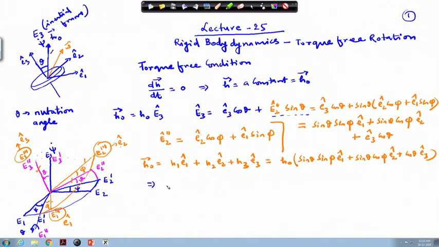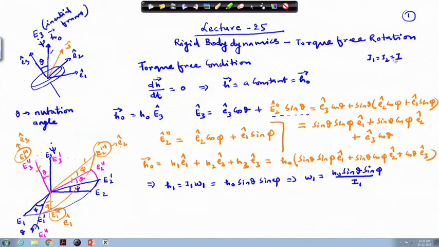Therefore, from here what we get is H 1 equal to I 1 times omega 1, this quantity is H 0 times sin theta sin phi, and this implies omega 1 equal to H 0 sin theta sin phi divided by I 1, where we have written I 1 equal to I 2 equal to I, and I 3 we are writing as I 0. So, this is the assumption of the symmetric rigid body we have taken.